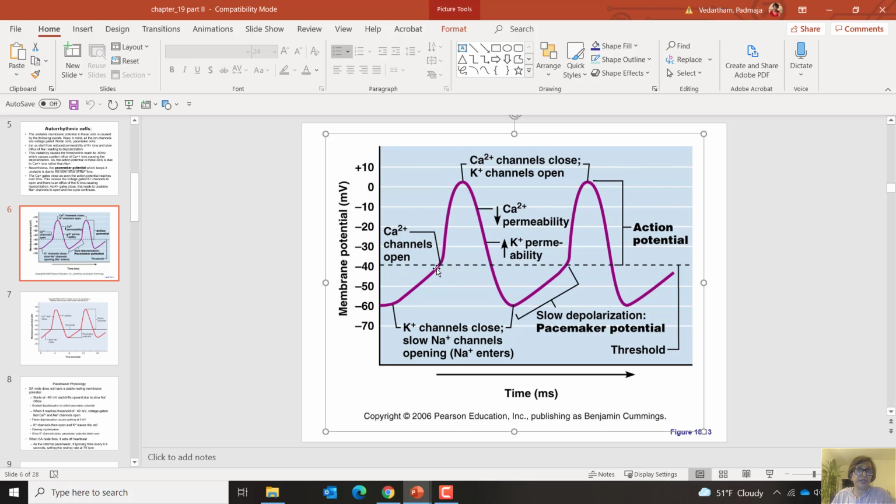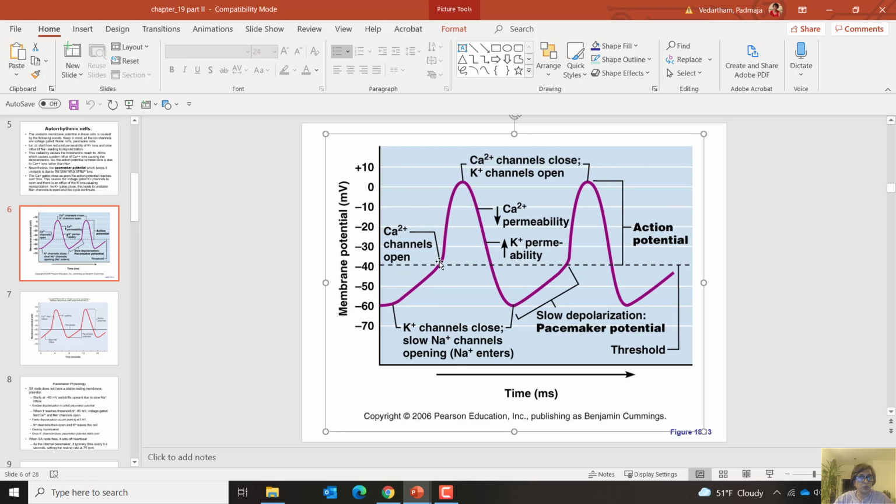And if sympathetic takes over, then this is going to be higher. So more calcium comes in, and that makes it contract a little bit more, and that's much faster. Just giving you an FYI here. Again, minus 60 is the hyperpolarized state where potassium gates close.